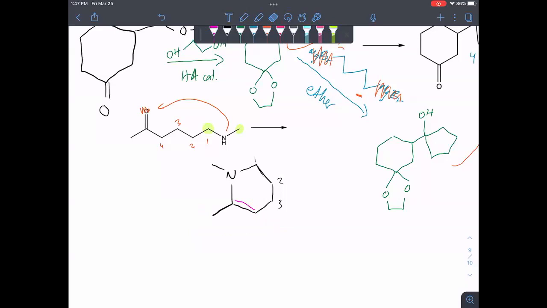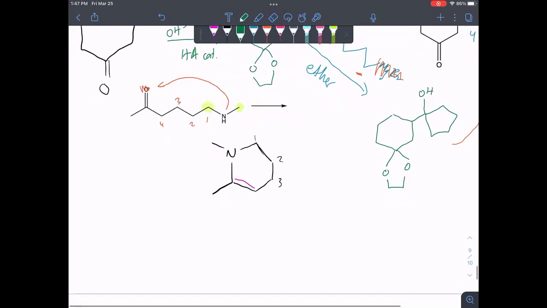Okay, I feel like that was really confusing because I didn't use the mechanism. I just look at this, I identify it's an enamine formation, and I know the structure of an enamine is this. So you have the secondary amine, and then we have the original aldehyde or ketone. Once we replace the oxygen on top with the secondary amine, I know that there's going to be a double bond one carbon bond away from the amine, because that's just what an enamine functional group looks like.